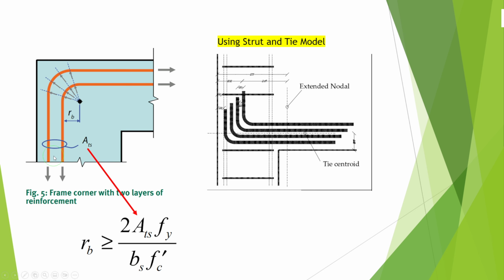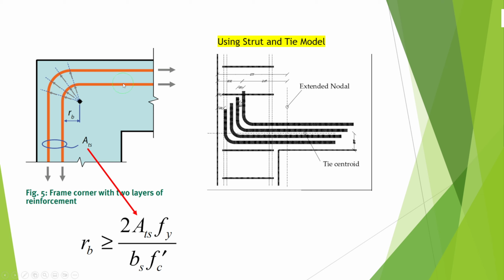Also, if you have more than one layer, as we have discussed before, here you have to satisfy the inner diameter. And when you would like to use the formula, if T1 is equal to T2, you can use this formula. Ats is equal to the total amount of all the reinforcement together.